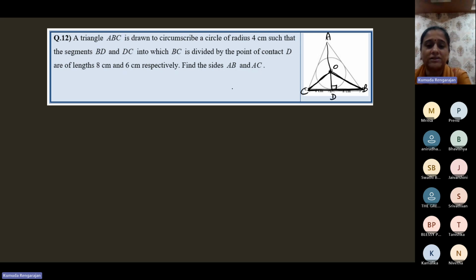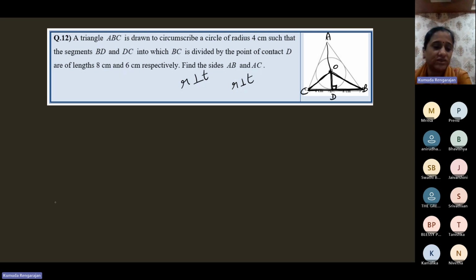We know by the theorem that the radius and the tangent at the point of contact are perpendicular to each other. D is the point of contact and DO is the radius through it, so this is 90 degrees.